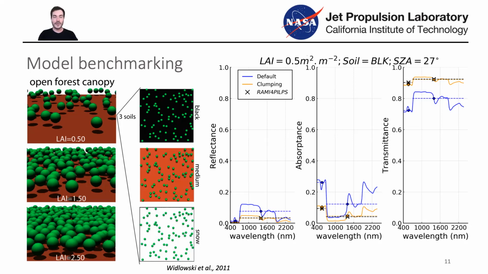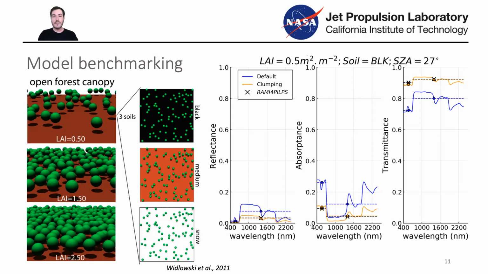And here I show one example for the canopy with LAI equals 0.5, black soil albedo and sun zenith angle equals 27 degrees. As we can see, the blue lines of all three members of the radiation partitioning represent the CliMA Land radiative transfer model without clumping.